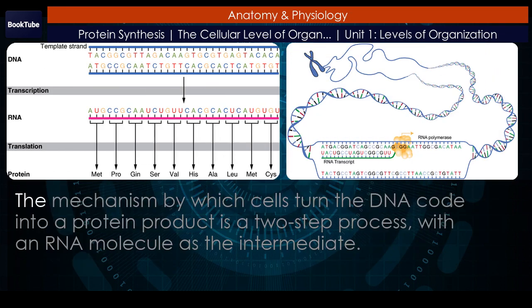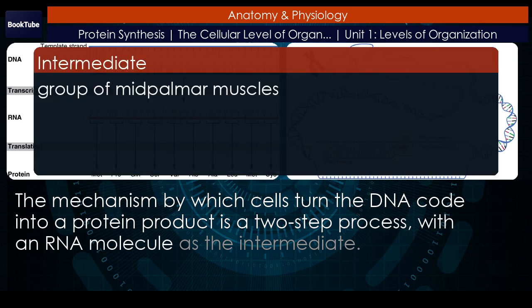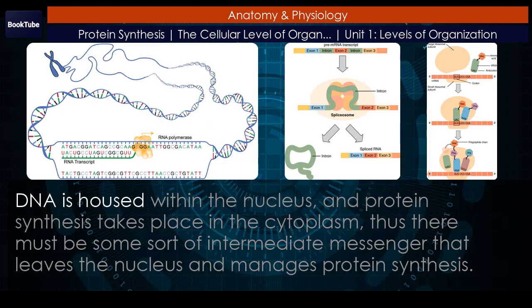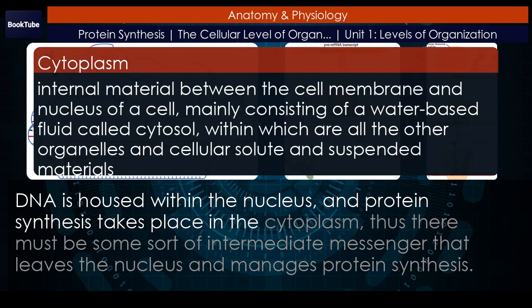Figure 1. The mechanism by which cells turn the DNA code into a protein product is a two-step process, with an RNA molecule as the intermediate. From DNA to RNA, transcription. DNA is housed within the nucleus, and protein synthesis takes place in the cytoplasm.